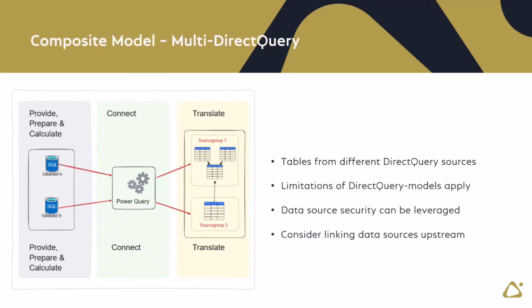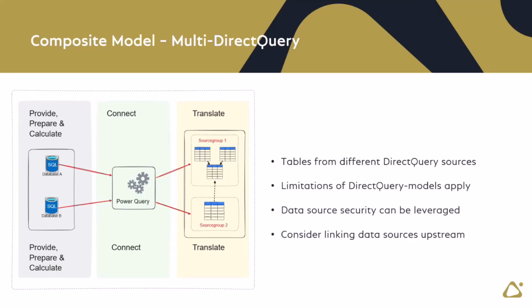What a multi-direct query composite model defines is the fact that the tables come from different direct query sources. And this type of composite model shares, of course, because both are using DirectQuery, a lot of the base DirectQuery model. The data still stays in the source system and it is always up to date.